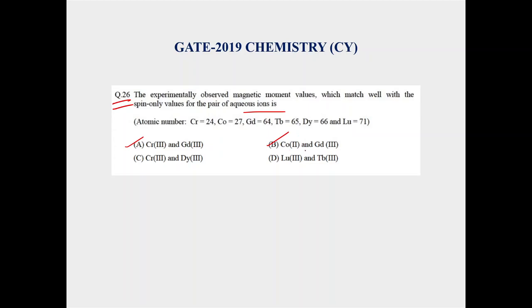Option B, cobalt plus 2 and gadolinium plus 3. Option C, chromium plus 3 and dysprosium plus 3. Option D, lutetium plus 3 and terbium plus 3. So here in the options we can see that transition metals and lanthanides are given, right?